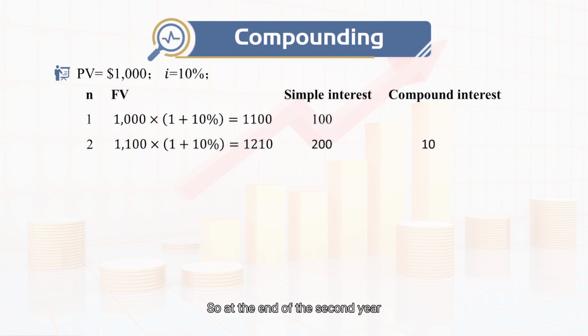So at the end of the second year, the FV is equal to 1,100 multiplied by 1 plus 10%, that is $1,210. Among the interest, $210, the simple interest is 1,000 multiplied by 10% multiplied by 2, which is equal to $200.